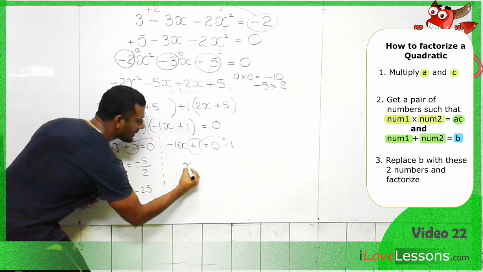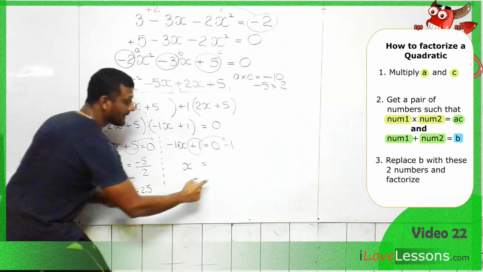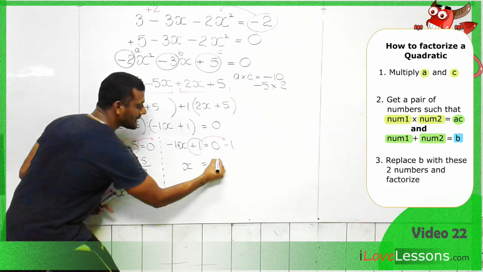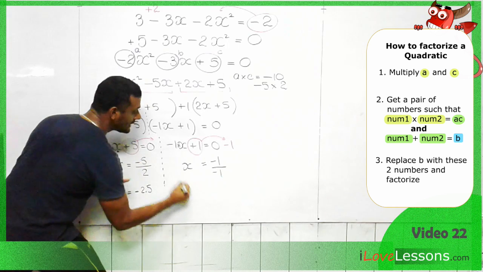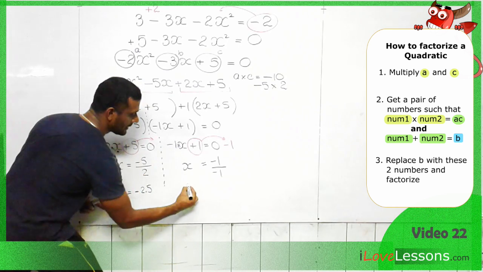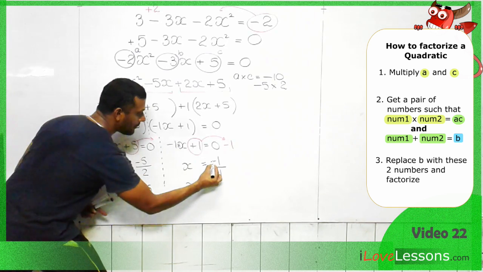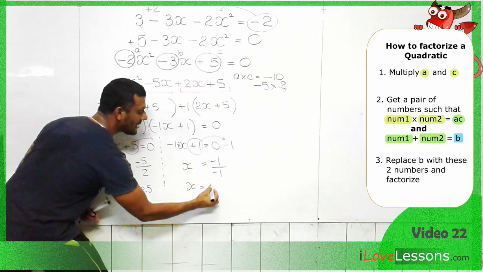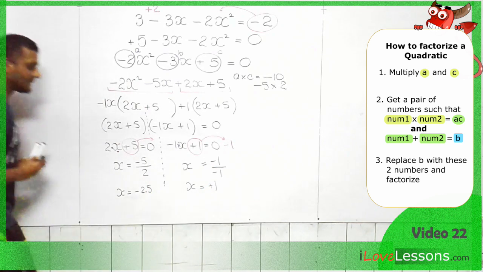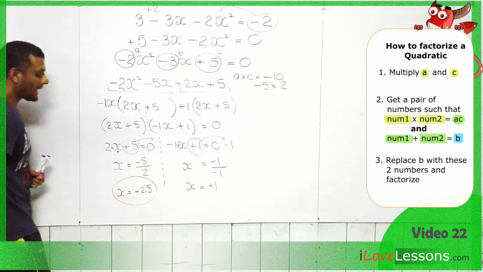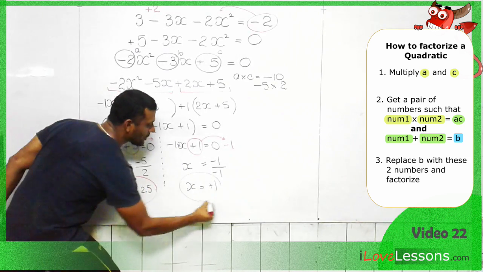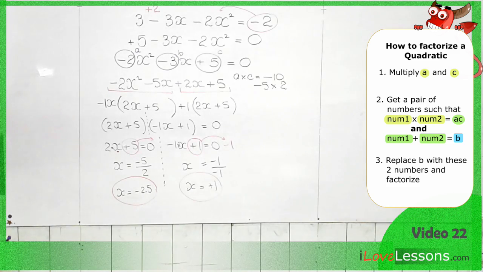So our answer will look like this, sorry. 0 minus 1 is minus 1. The multiply changes to a divide, and the minus 1 goes underneath. That's this minus 1. Well, minus divided by minus is a plus. 1 divided by 1 is 1. Our two answers are x equals minus 2.5 and x equals 1.